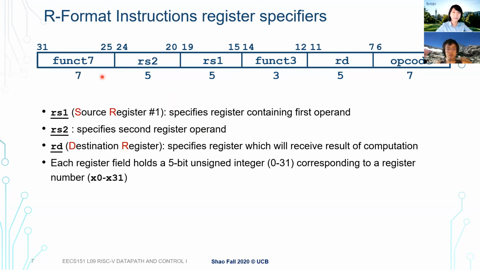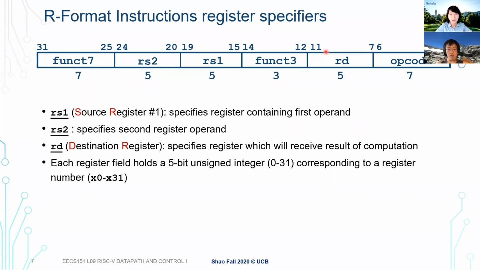I mentioned earlier that an R-type instruction is a register-to-register operation. So specifically, we have 3 registers here. First, we have 2 source registers, RS1 and RS2, and then we have a destination register, RD, between bit 7 and bit 11.